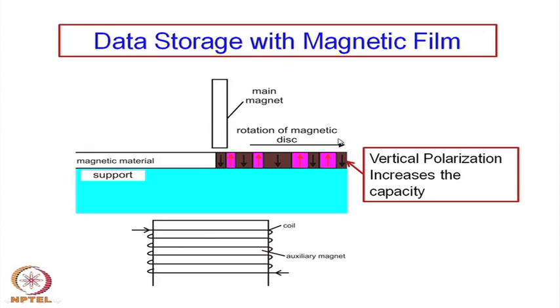The particle polarization, that means the thin films are getting polarized or depolarized, magnetically polarized or depolarized, by applying a small magnet over there, that is the main magnet, and the disk rotates, and depending on the magnetic field generated by this electromagnet, either you depolarize or polarize them in the vertical direction.